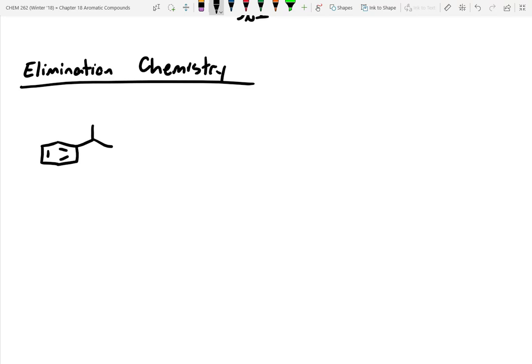No, isopropyl benzene, right? So we've got isopropyl benzene. What if we ultimately want to do elimination and make this compound. How could we do that? I'll give you guys a minute to think about this, but check with your neighbor. It may take more than one step to get from our starting material to our desired product, but check with your neighbor.